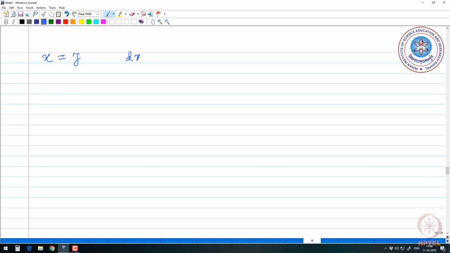So, dx equals dy. If we have that, then integration from point A to point B of v dot dl can be expressed as integration from 1 to 2, we will substitute y by x, we will have 3x square plus 2x dx, and we are supposed to perform the integral.